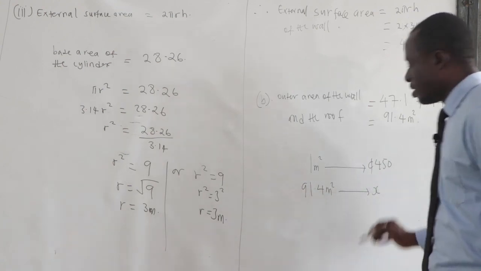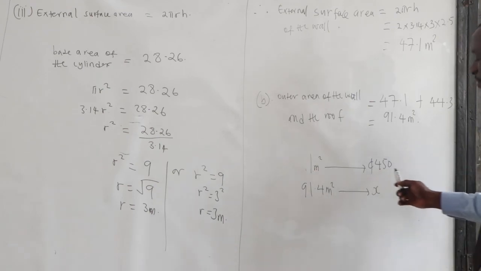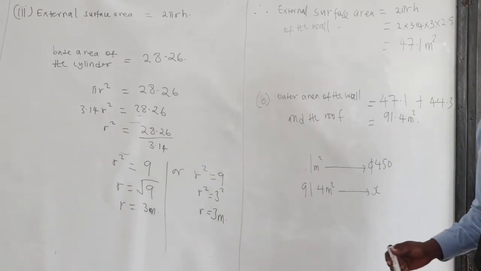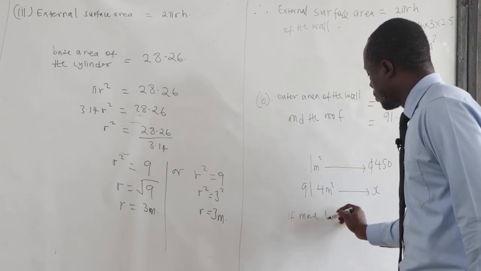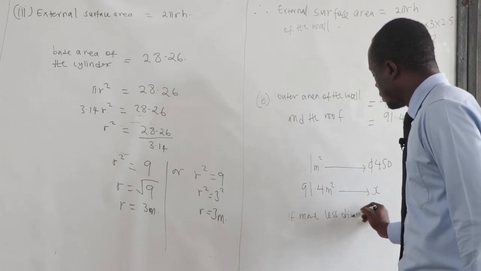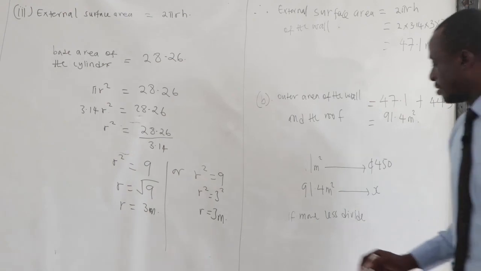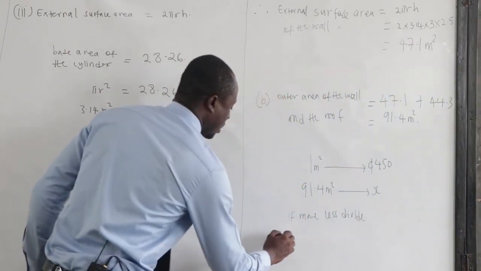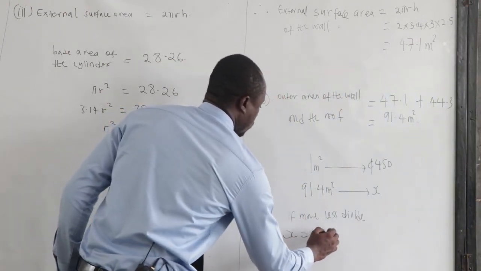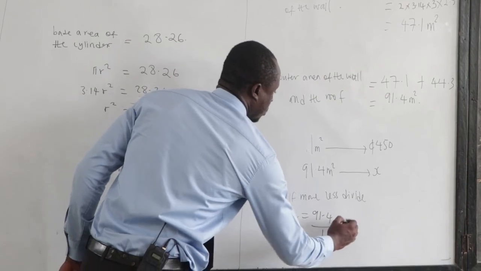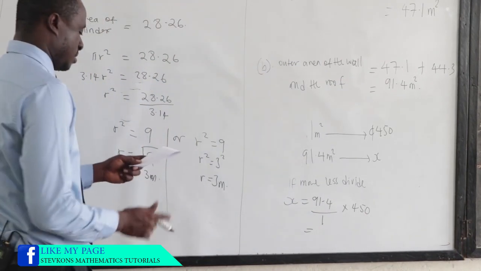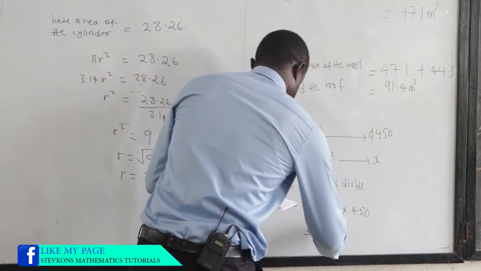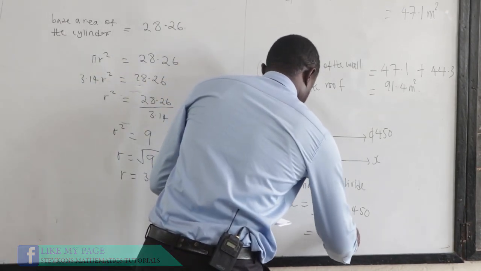What if you have 91.4 square meters? What will be the cost? If 1 is 450, what do you think will be 91.4? That will be more. So you see, if more, let's multiply. We have our x to be 91.4 over 1 times 450. And this would give us 41130.